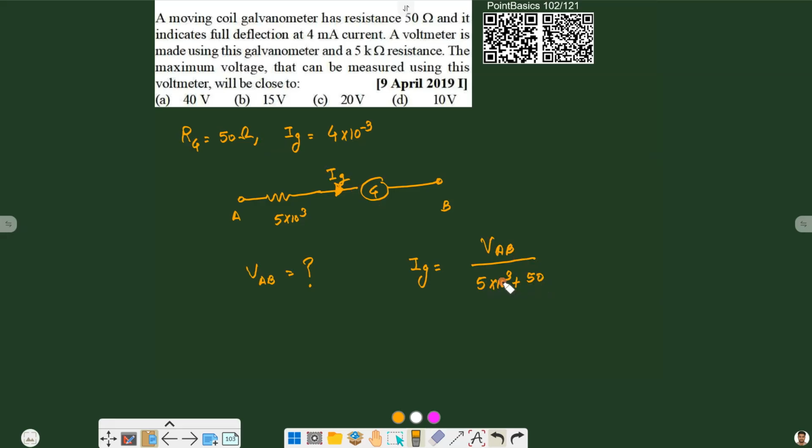Now this is 5000 and this is 50, so we will ignore this 50 just so that our calculations can become easy. Now Ig is 4 into 10 raised to power minus 3, multiply this value ignoring 50, that will be 5 into 10 raised to power 3 is equal to VAB, and it will be 20. So VAB will be 20 volts. That is option C for us.